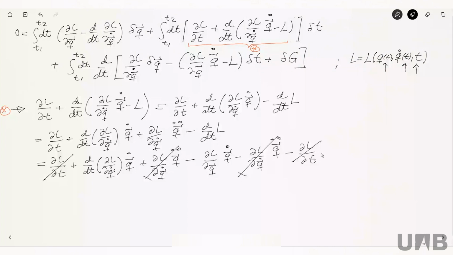And then what happens? Surprise, surprise, what we find is that this is the same as dL/dq, this term here, minus d/dt of dL/dq dot, the whole thing multiplied by minus q dot.